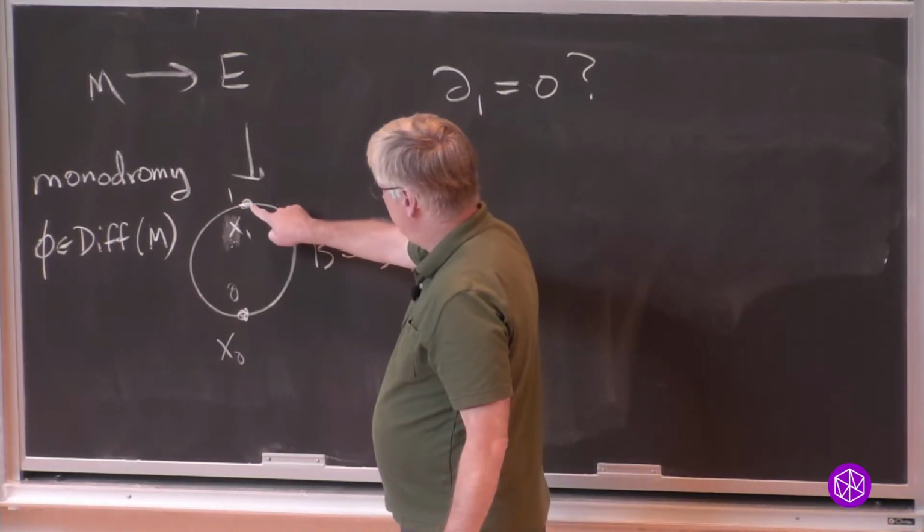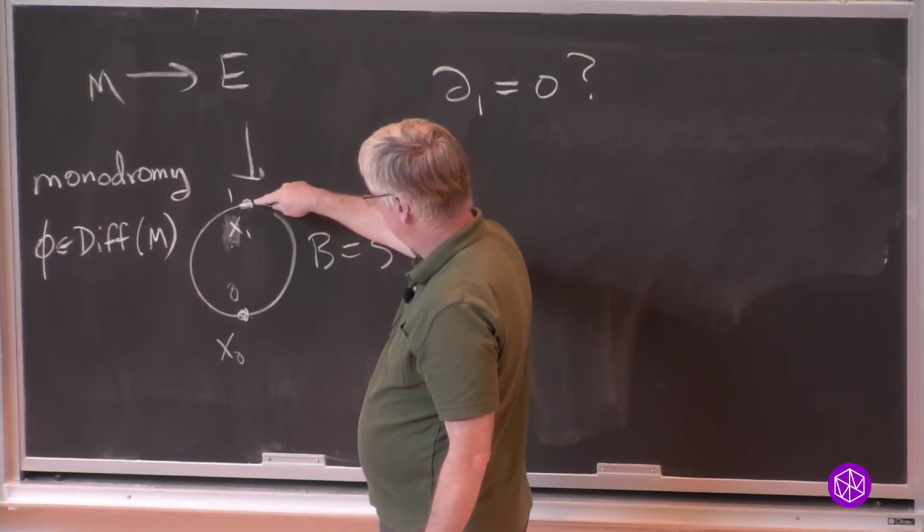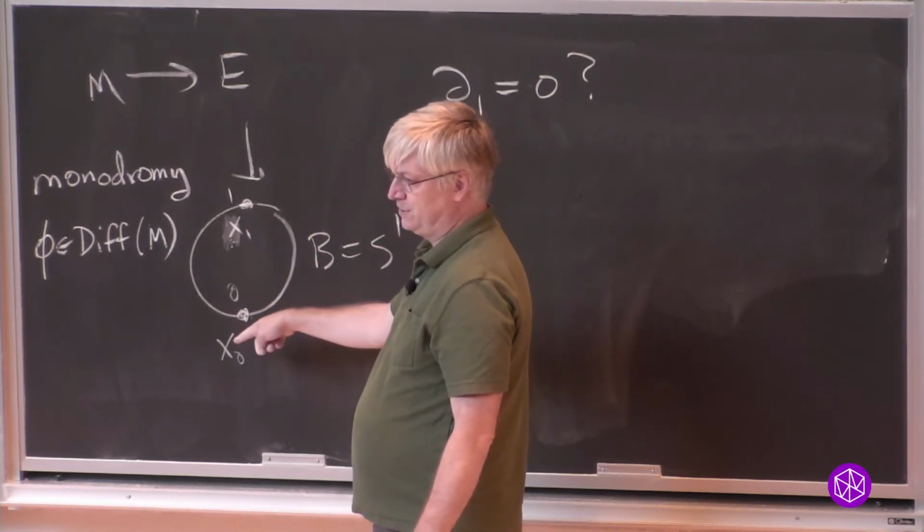If I want to compare the fibers over these two critical points, I have to parallel transport along one path or the other. But those parallel transports are going to differ by phi.